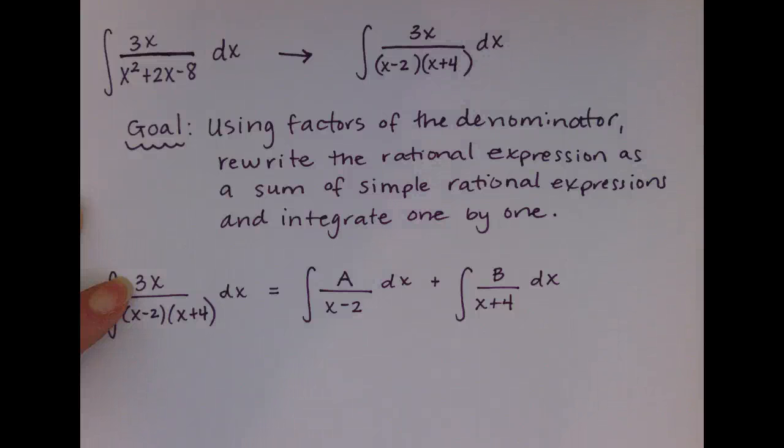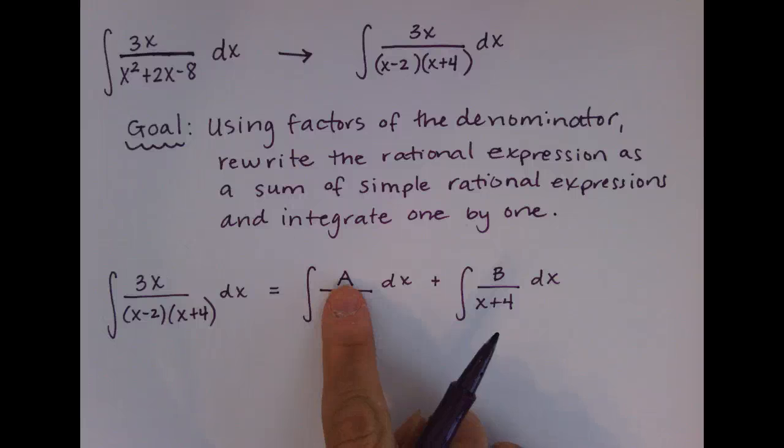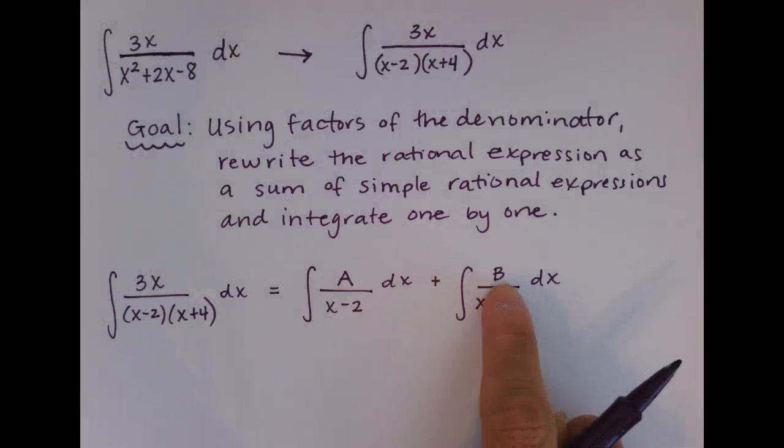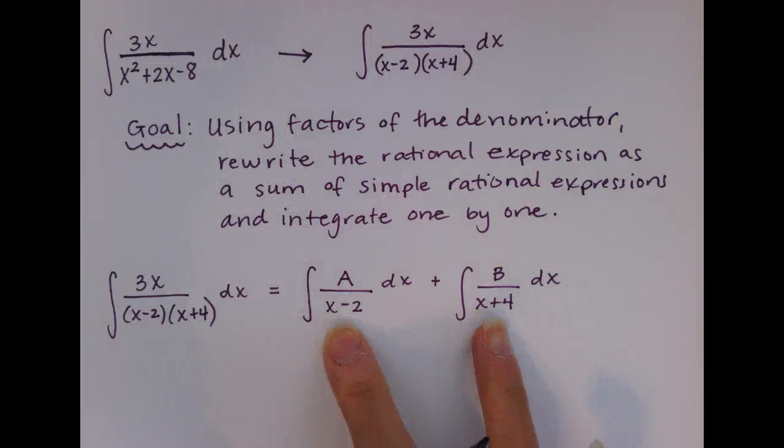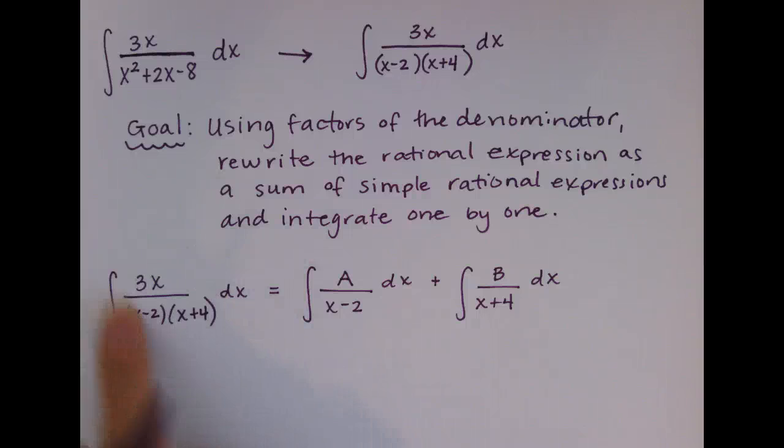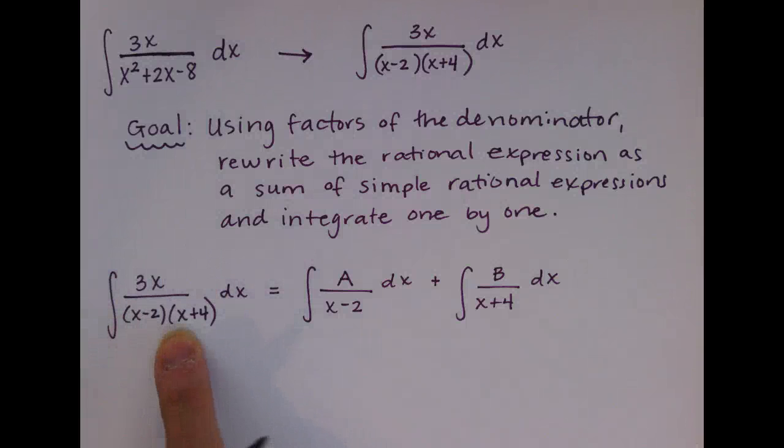So that's the kind of thing that we're going to be doing here, where we're solving for appropriate constants A and B, so that when we use that process of getting a common denominator, it does in fact result in our original fraction.